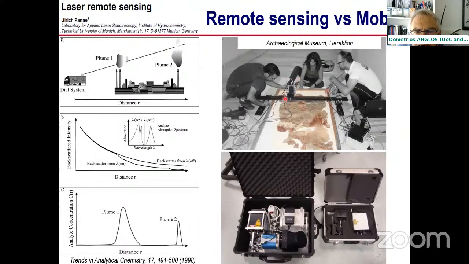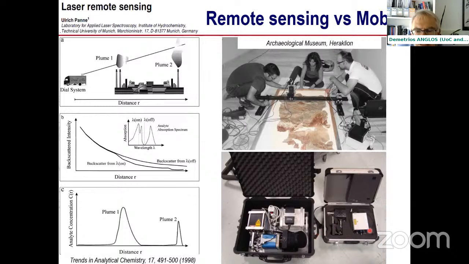What you can see right over here where I'm pointing the pointer is basically the head of a mobile Raman system. This mobile Raman system can fit in these two suitcases here. The head I was talking about is exactly this one. So this is the one that comes close to the sample and does the analysis.